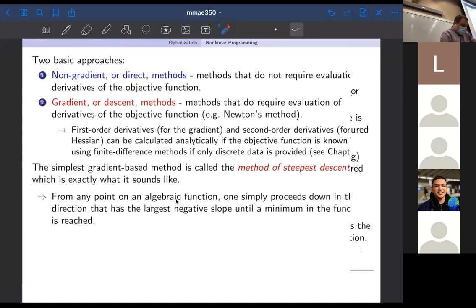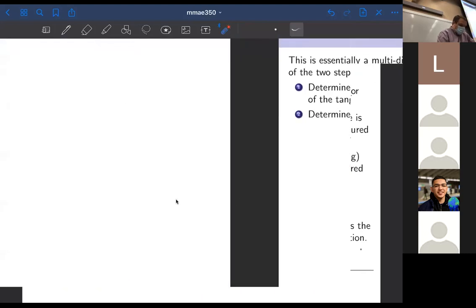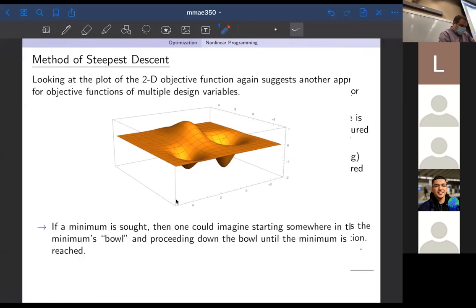Okay, 2 basic approaches. There are non-gradient methods, and there are gradient methods. So what we've been thinking in terms of so far are gradient methods, the method of greatest descent. So that's a gradient method. Gradient methods are very intuitive from the sense that, okay, I can look at this plot of my two-dimensional function. I can see what I want to do.